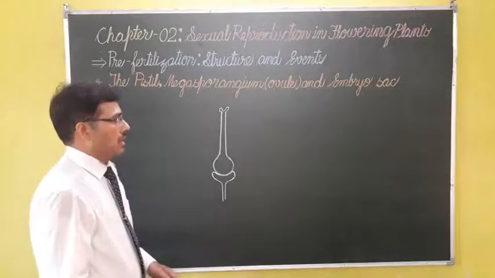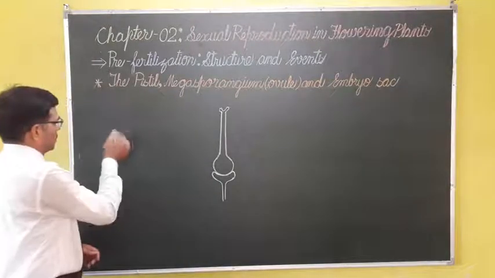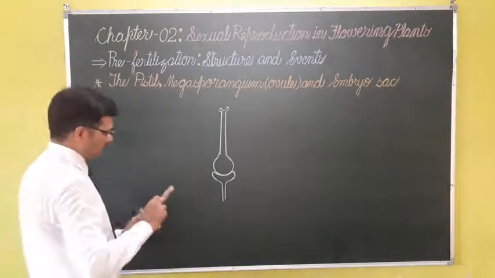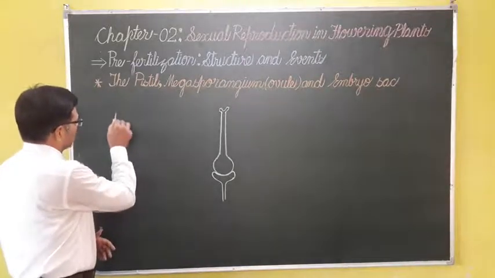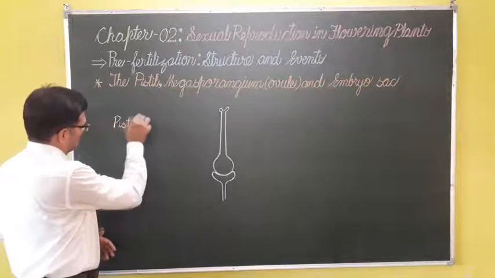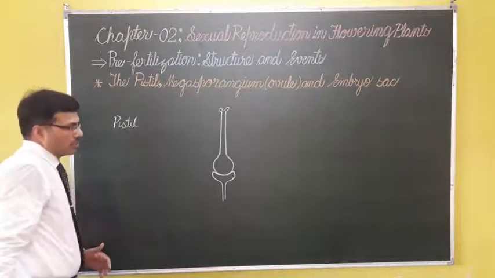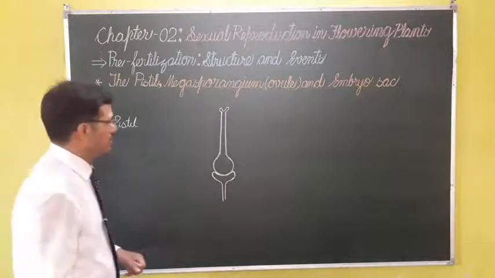Students, gynoecium is actually made up of pistil, one or more than one pistils. Gynoecium is made up of pistil. This pistil is also called carpel.